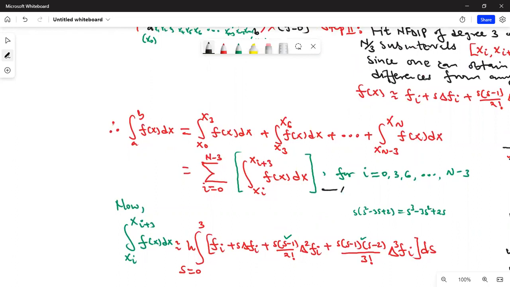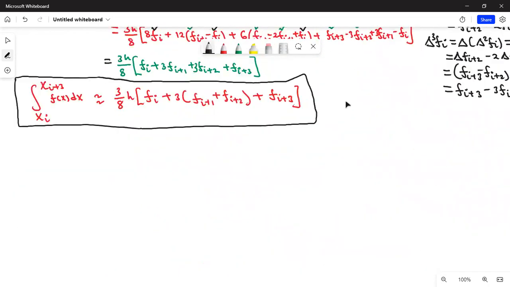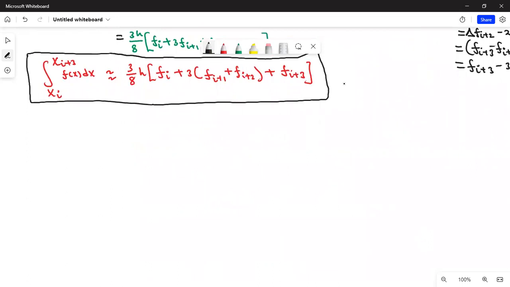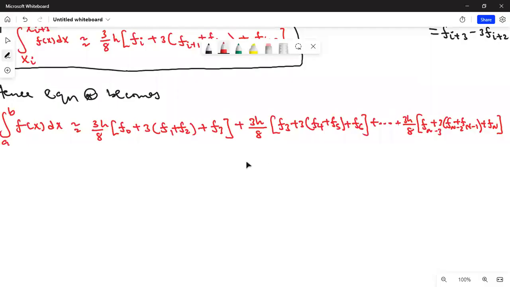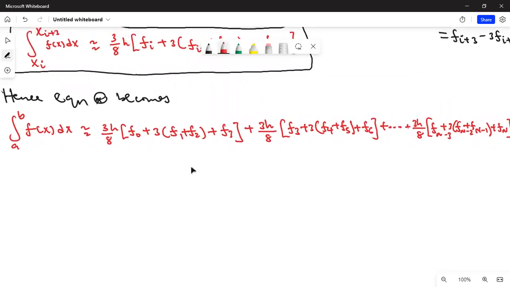So hence equation star becomes, substitute that back to equation star. When you substitute the values of i, this is what you get. Remember, I've replaced when i is 0 to give me this first bracket. When i is 3, the second bracket. So many of them up to when i is n minus 3.